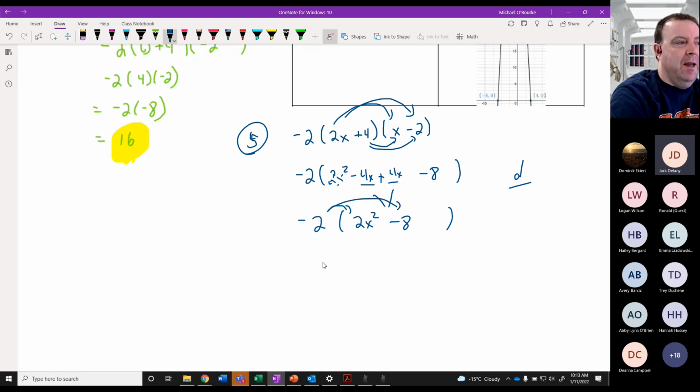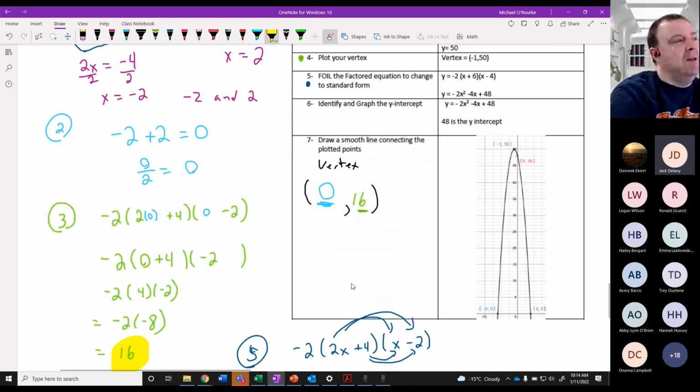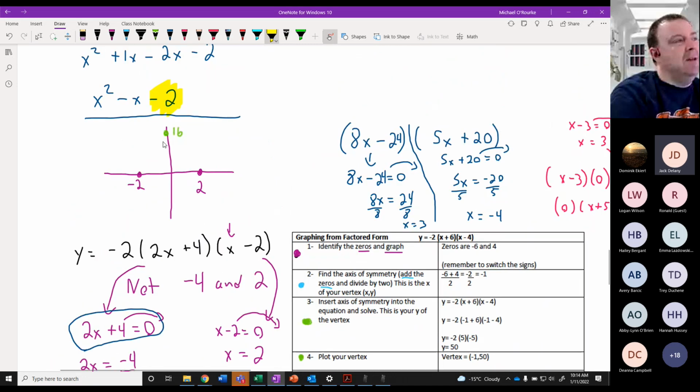Then I'm going to go again, so I get negative 4x squared plus 16. Is that right? Yeah. And if you look, your y-intercept is right here, which makes sense because you already graphed your y-intercept. So you actually didn't have to do that step, but I was just being mean and making it. That's good practice. And there's our graph.